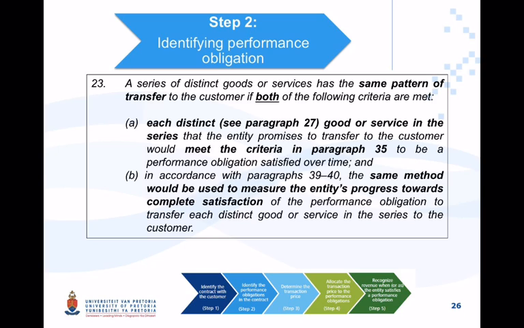IFRS 15 explains that a series of goods or services has the same pattern of transfer, and this is the case if it meets two criteria. The first of these criteria are explained in paragraph 35, which we will look at in the next slide. The second criteria is paragraph 39, which we'll look at in the slide thereafter.